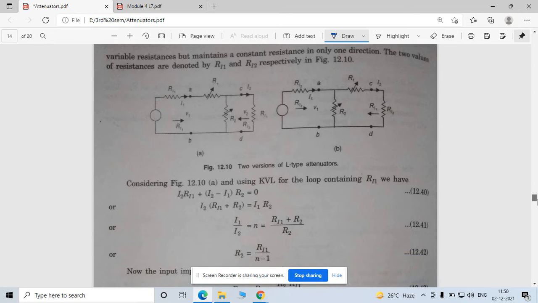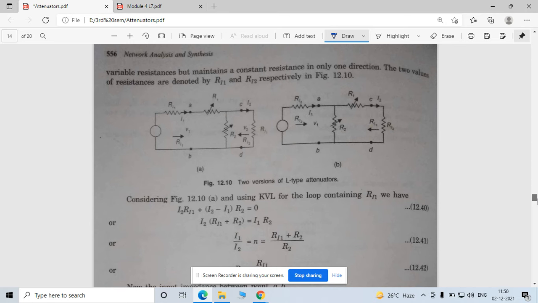For getting maximum efficiency, or you can say for lower loss, you always prefer this circuit, right? This L section is facing towards the input side, so we always prefer this circuit because there are fewer losses and this is more reliable.